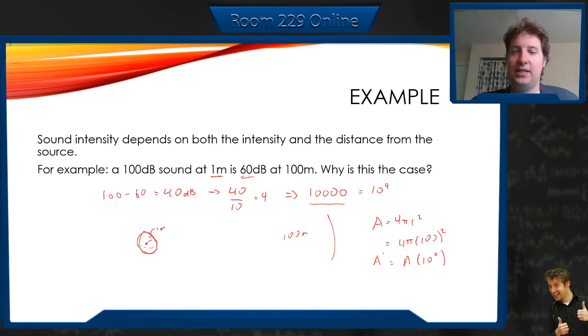The area increases by a factor of 10 to the 4, so its intensity decreases by a factor of 10 to the 4, and that 4 here means a difference of 40 decibels. Okay? So a 40 decibel difference actually means a sound intensity difference of 10,000, which is quite a lot.